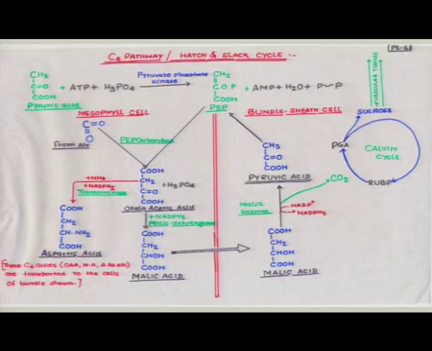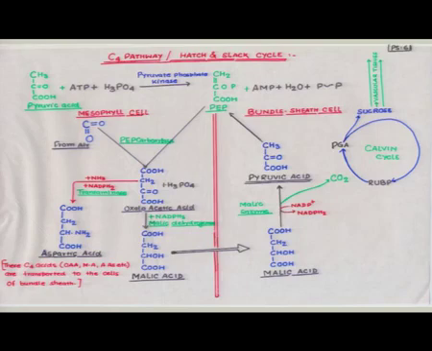Instead of RuBP, the first acceptor of carbon dioxide in C3 cycle, here there is phosphoenol pyruvate as the acceptor of carbon dioxide. This phosphoenol pyruvate is formed in the C4 plant.